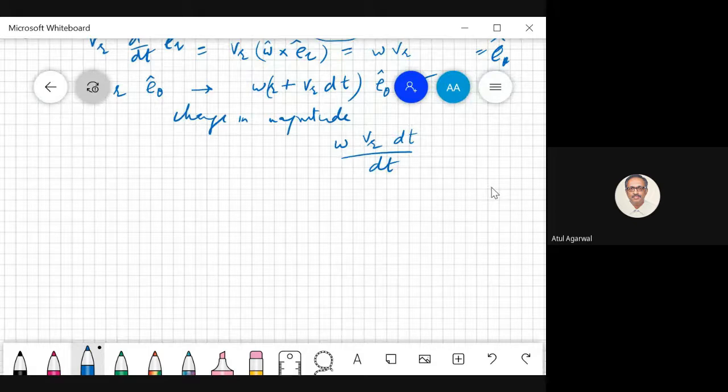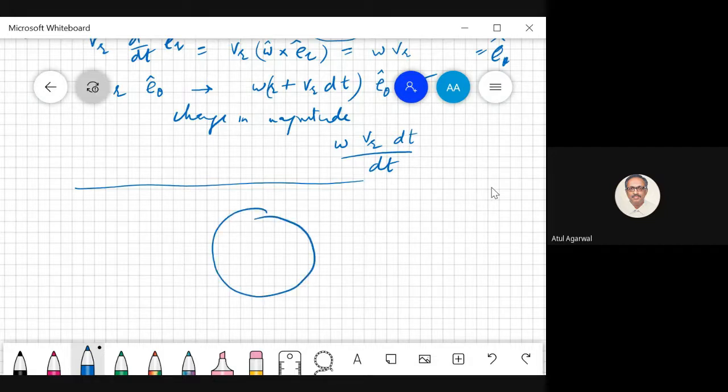This was one example. Another example, very famous example. This is a circle. Basically, you take a platform, and this platform is spinning with angular velocity omega 2. You have another fellow running on it. It is running with respect to the platform with omega 3 with respect to the observer.